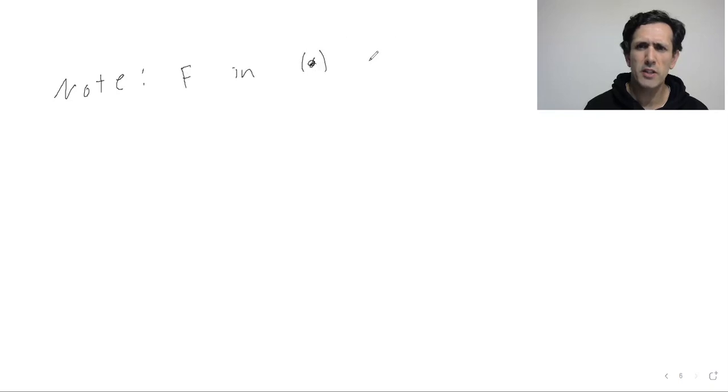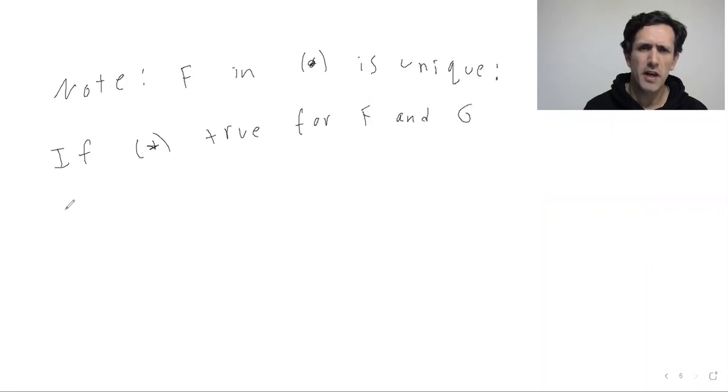So this is actually unique. What do I mean by that? Well, if star is true for F and G, then for any phi in C_c^1 of 0 to 1, what do we have?